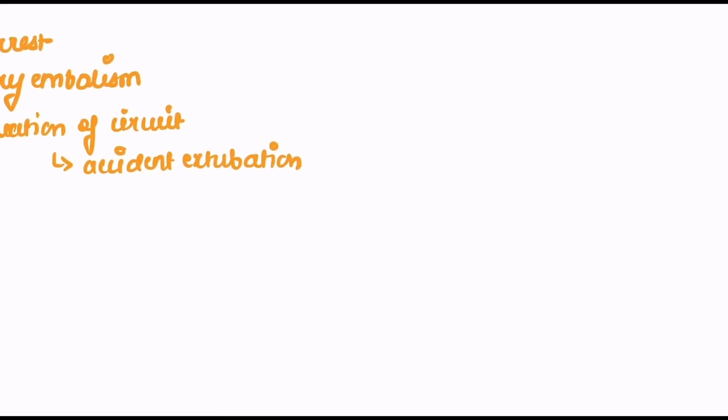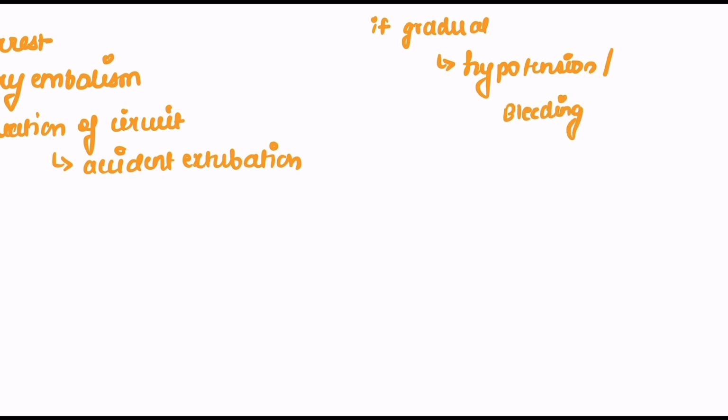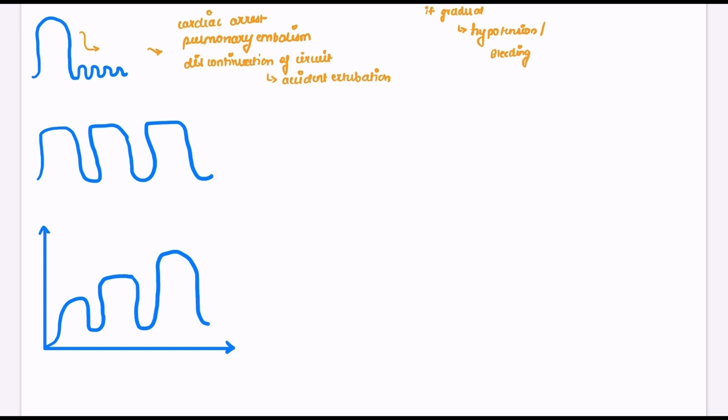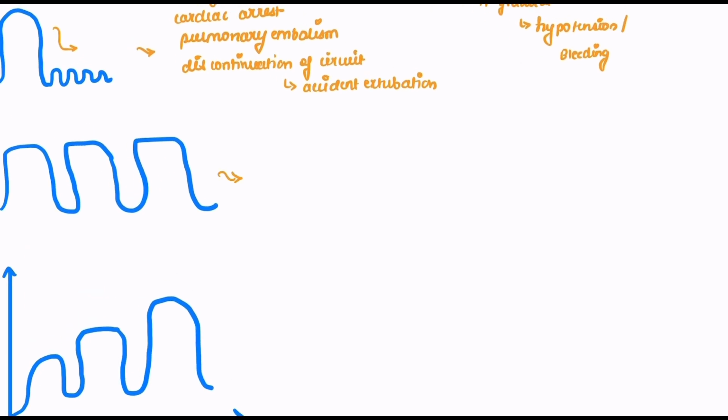If the fall here is gradual, it is due to hypotension, or we can say continuous bleeding. The next appearance of this capnograph is due to faulty inspiratory valve.